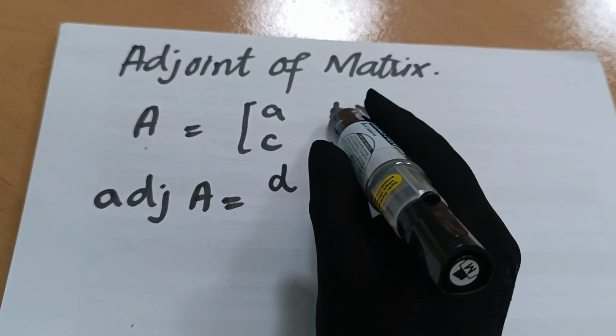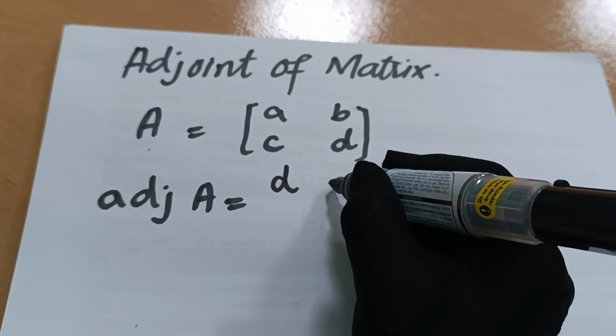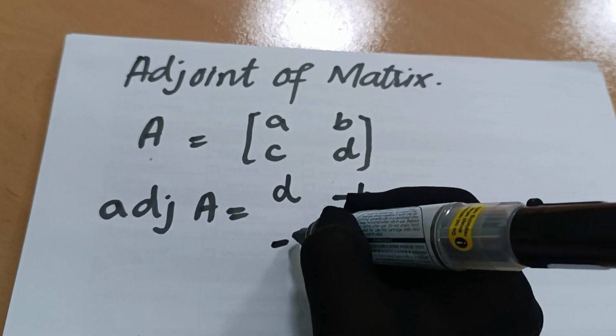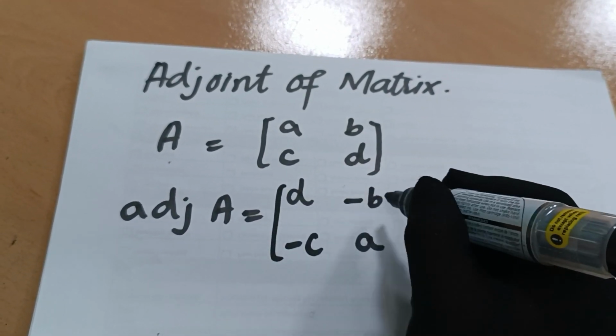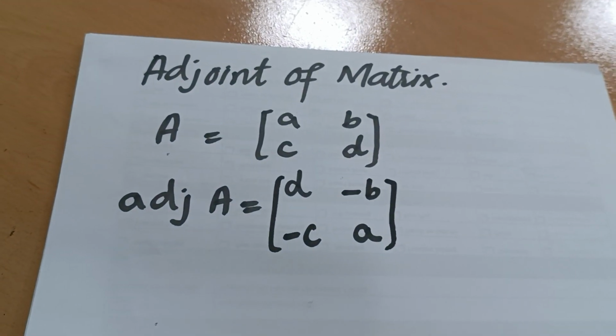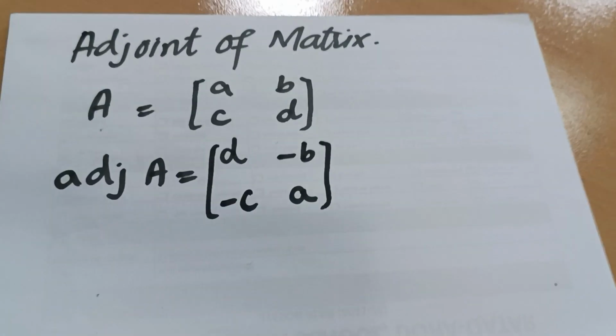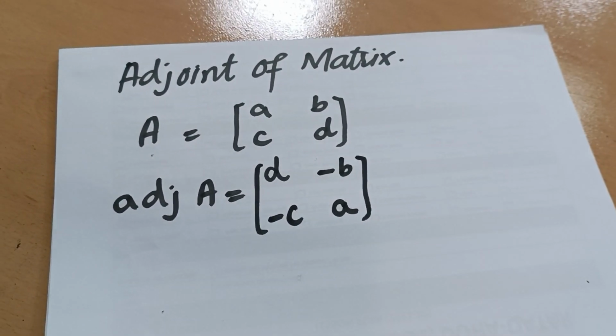And for the other diagonal elements, the signs will be changed. Signs will be opposite. If they are negative, they will become positive. If they are positive, they will become negative. Like this.